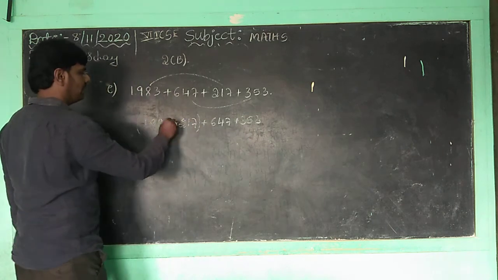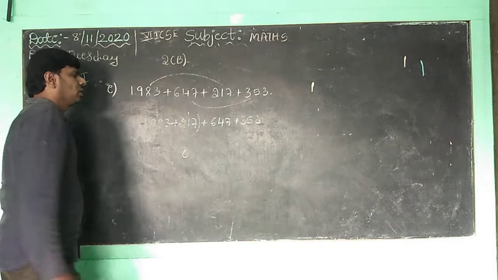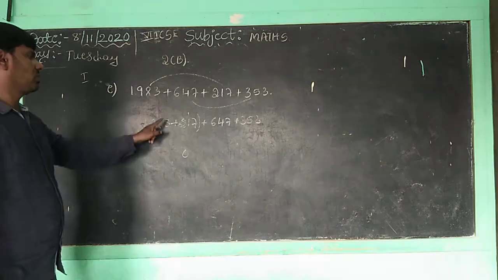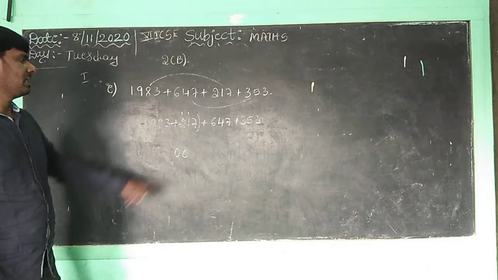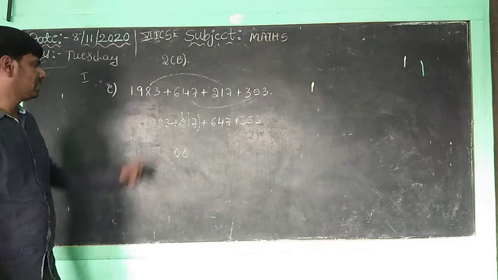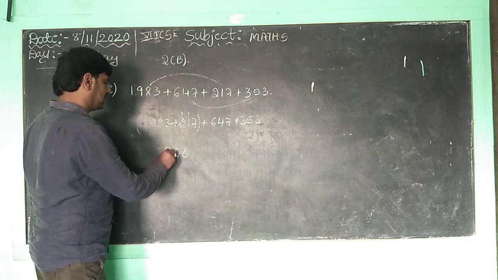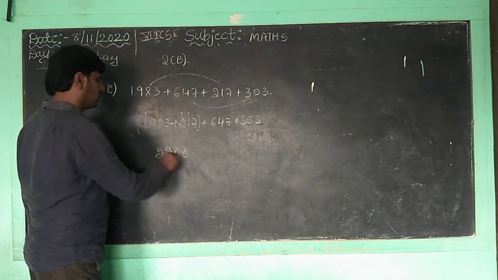Children, 7 plus 3 is 10. Carry 1. 1 plus 1, 2, 2 plus 8 is 10, carry 1, and then 1 plus 2, 3, 3 plus 9 is 12, and carry 1, so 2200.